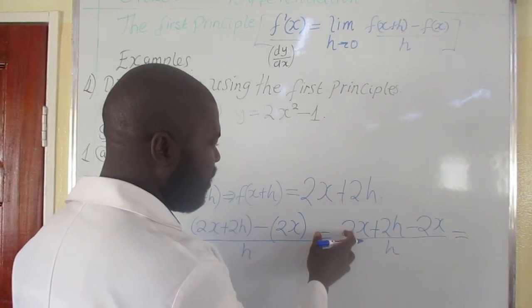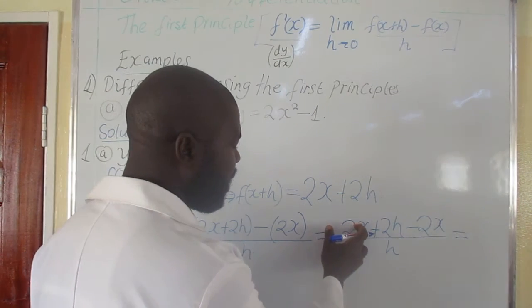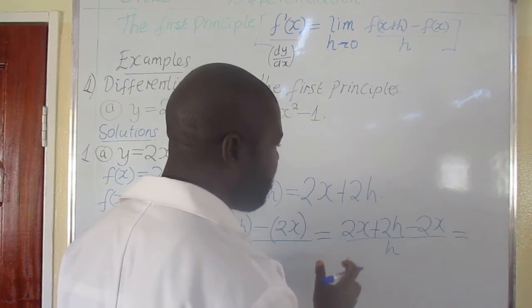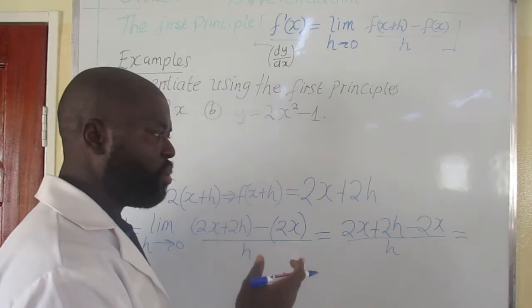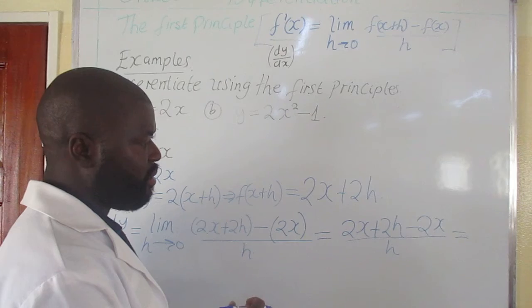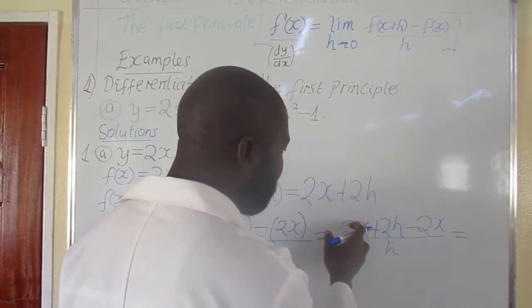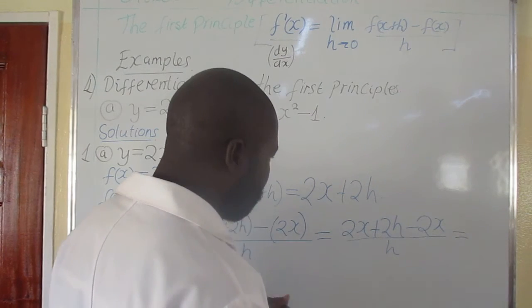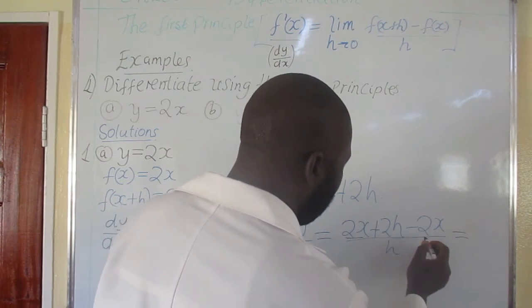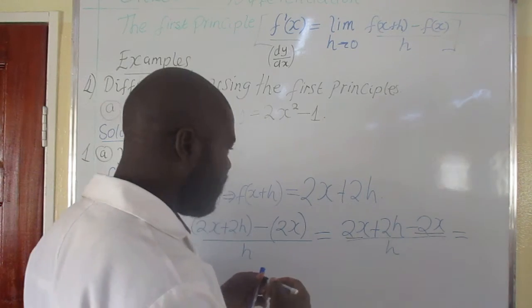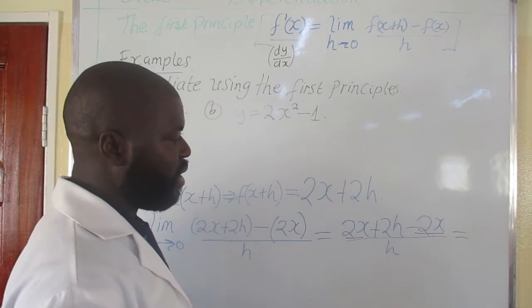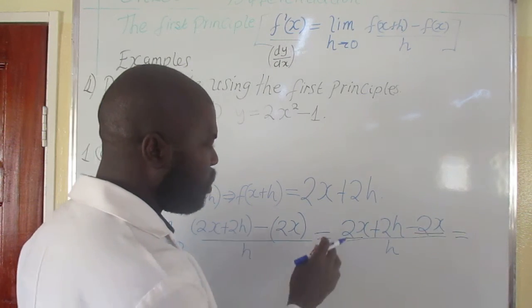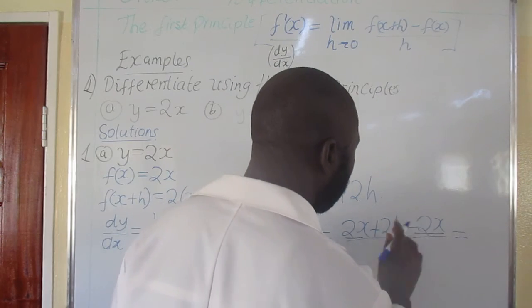You can see we have 2x and we have negative 2x. So these two are like terms which we are able to add or subtract. So we have 2x and minus 2x, which will give us a 0. So we are going to get rid of 2x and minus 2x.